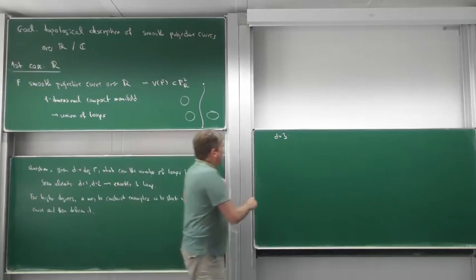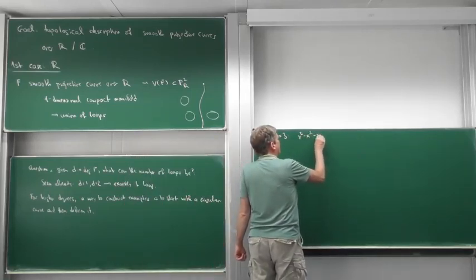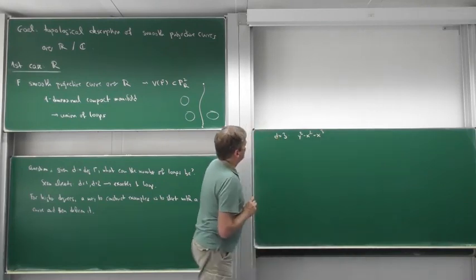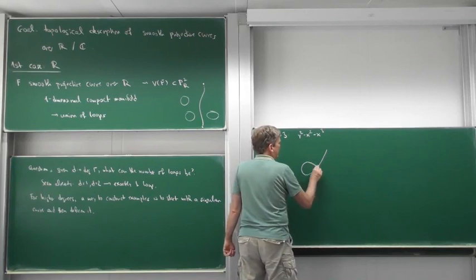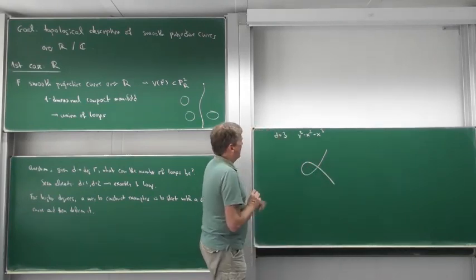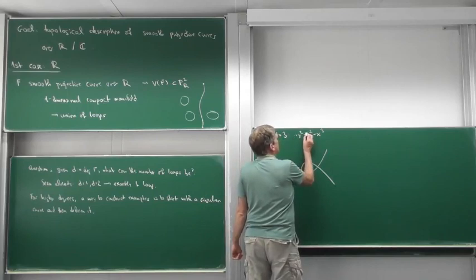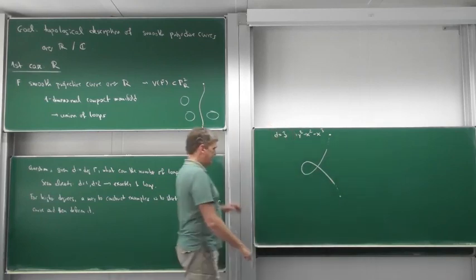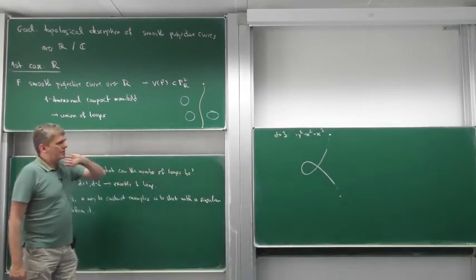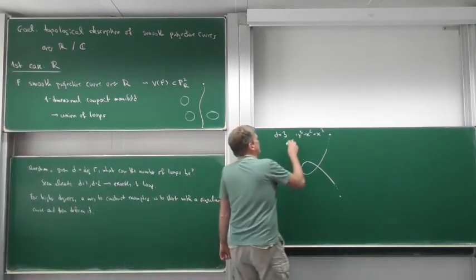So let's start maybe with the standard singular curve that we've seen so often already, which is y squared minus x cubed, where the affine picture looks like this. And if you want to think of it as a projective curve, then you just homogenize it with a z, and there's a point at infinity here, and also here, which is the same. So that will not be a curve that we want to consider because it's singular, but we call this f.